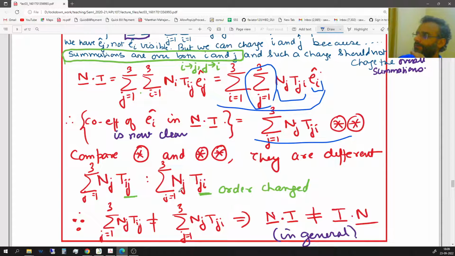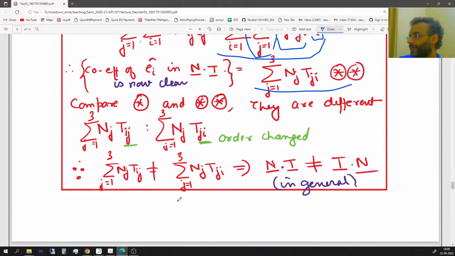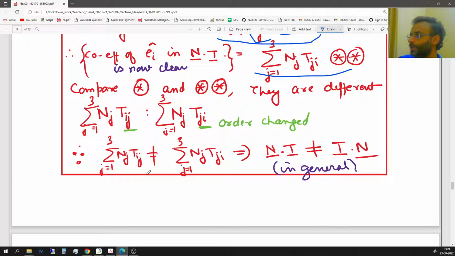On the other hand, we have nj tji, summation going from j equals 1 to 3. And clearly, these are different because here t appears with indices ij, whereas here t appears with indices ji. The order is changed. So in general, my conclusion is that n dot t is not equal to t dot n.